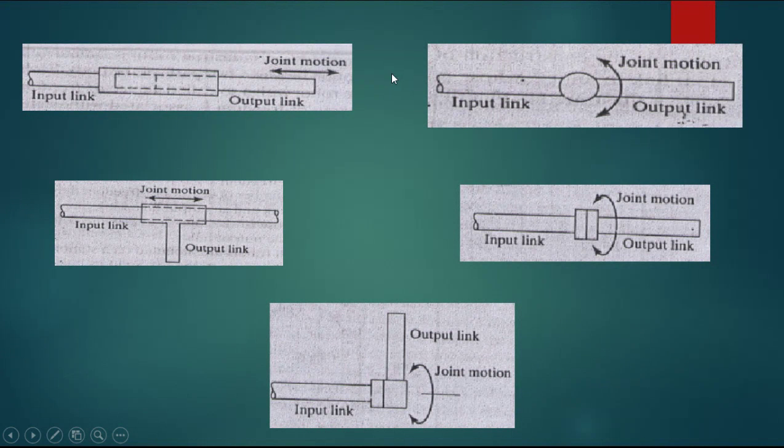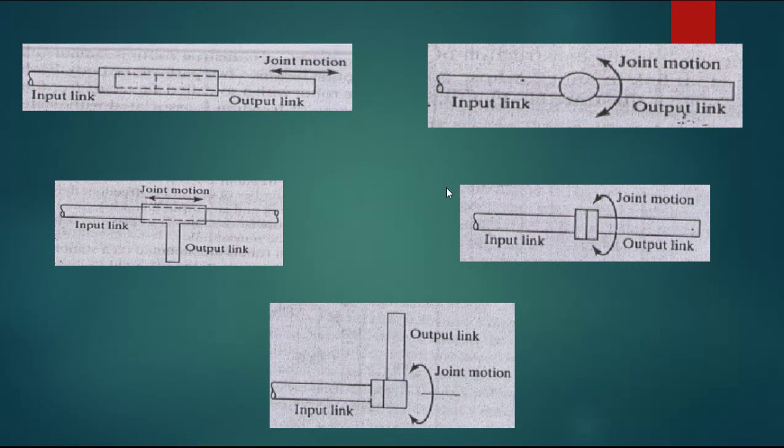You can see the first one is linear, then the orthogonal, then the rotational joint, then the revolving joint, and finally the V joint. These kinds of joints are used for different kinds of work output. As per the application, we must choose the particular joint to make that happen. So these 5 joints are used in robot configurations.